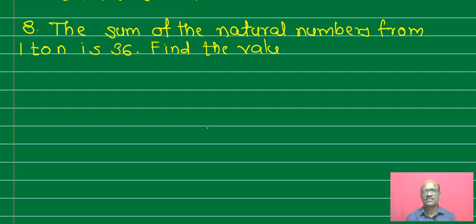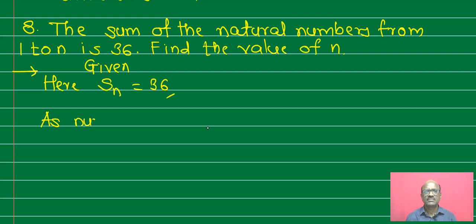Find the value of n. Now here it is given that Sn is equal to 36, as the numbers are natural, therefore d is equal to 1.